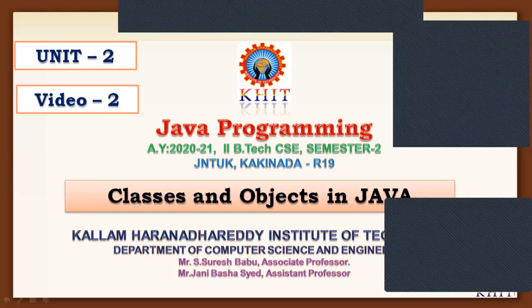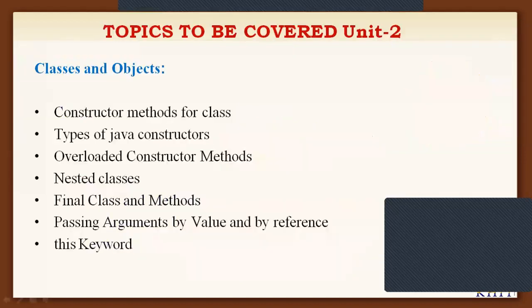In this video, we are going to cover the remaining topics from Unit 2, Classes and Objects: constructor methods for a class, types of Java constructors, overloaded constructor methods, nested classes, final class and methods, passing arguments by value and by reference, and the this keyword.